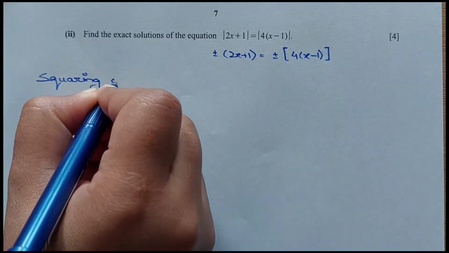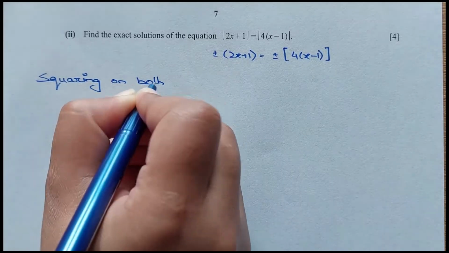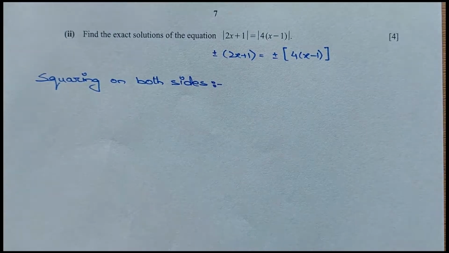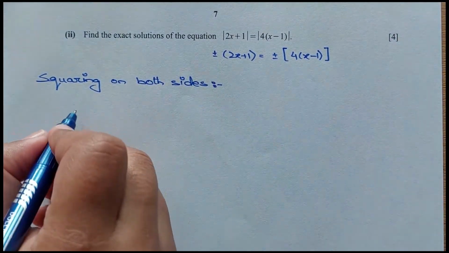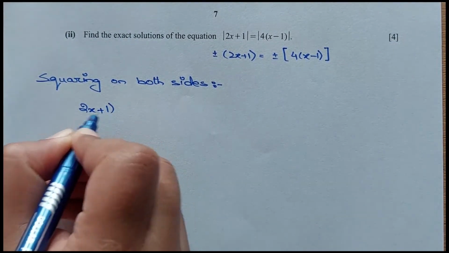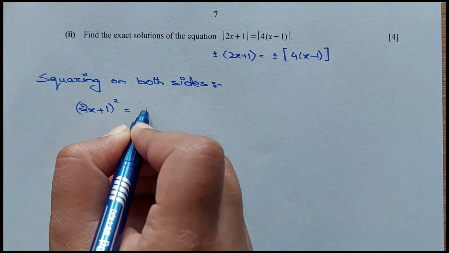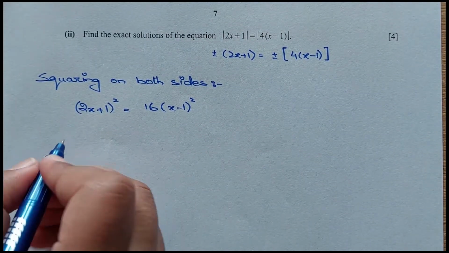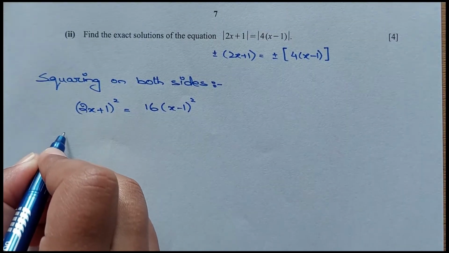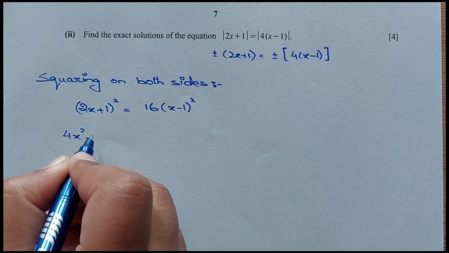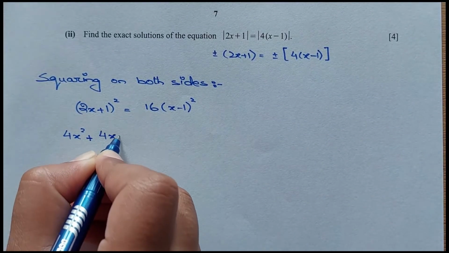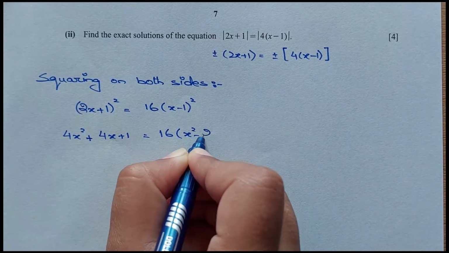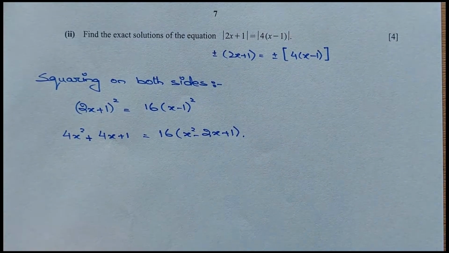So we have (2x plus 1) whole square equals 4 square, which is 16, into (x minus 1) whole square, right? So (2x) square is 4x square, plus 2 times 2 is 4x, plus 1, and here we have 16 into x square minus 2x plus 1, right?